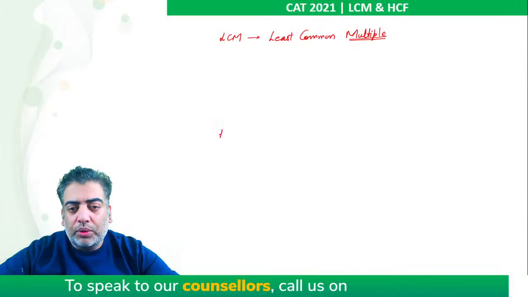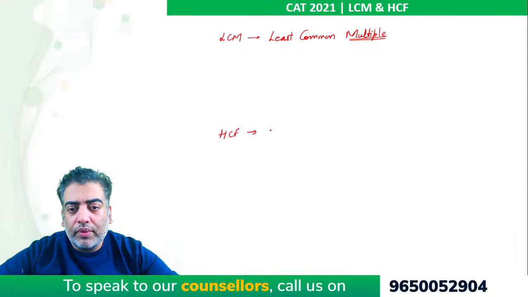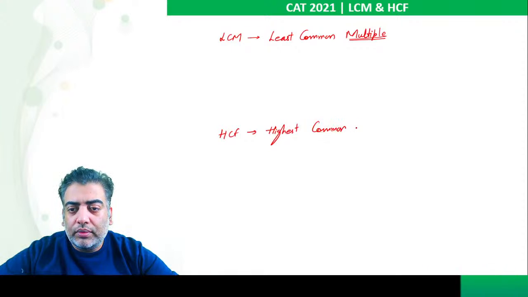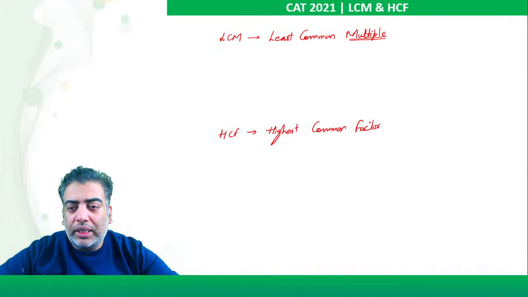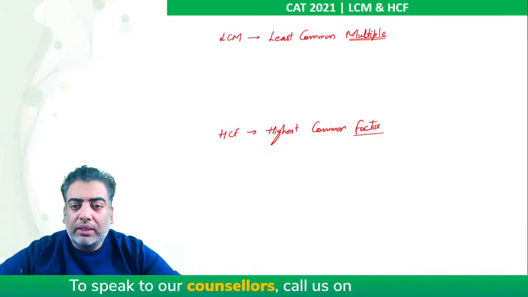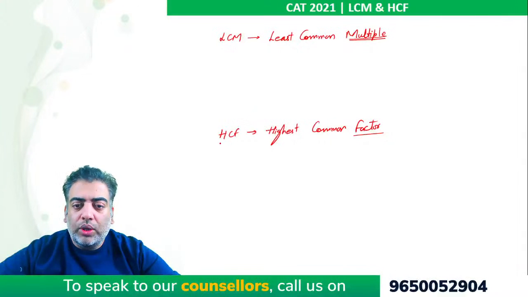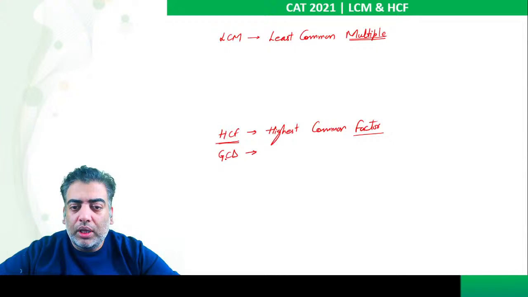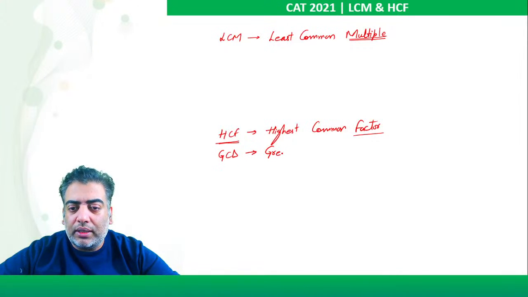And when it comes to HCF, it is the highest common factor, which means we need to find the largest factor of the given number, or we can also say largest divisor of the given number. So HCF is also known as GCD. So we may come across any of the terms in the exam. So GCD means greatest common divisor.